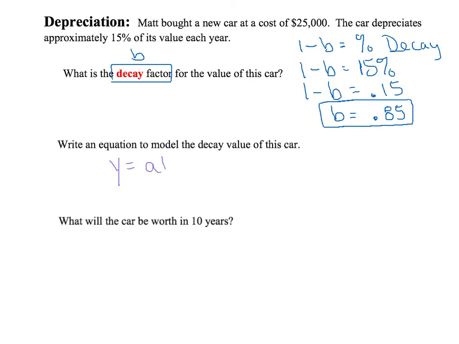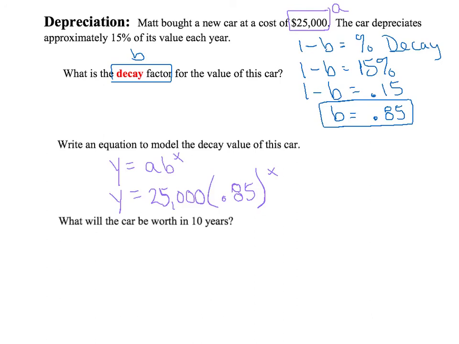We're going to start with the same generic formula. We already found our b value, and our new car started with a value of 25,000. So there's my initial amount, my a value, and I'm substituting straight in for a. My b value is 0.85. We're going to close that in parentheses and raise it to the x power. That's my equation to model this decay.